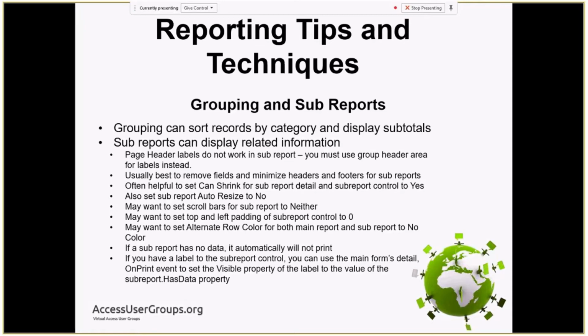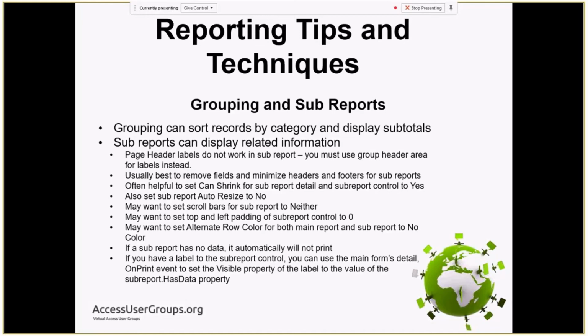And sometimes it's helpful to set the top and left padding in the sub-report control to 0. That helps you line things up a little better. Otherwise, if you're in design view and you have columns relatively lined up, and you have some padding set on your sub-report, you get things skewed over a little bit to the right.